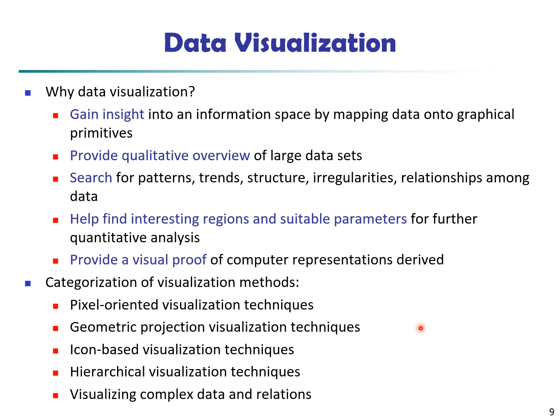Now, we have categories of visualization methods, and we're going to go through some of them with some examples. So we have pixel-oriented visualization techniques, geometric projection visualization techniques, icon-based visualization techniques, hierarchical visualization techniques, and also visualizing complex data and regions.